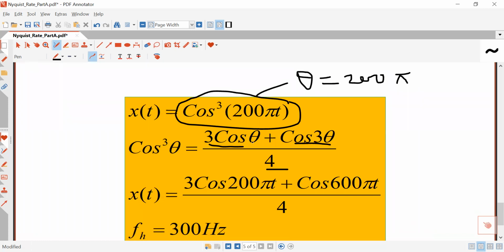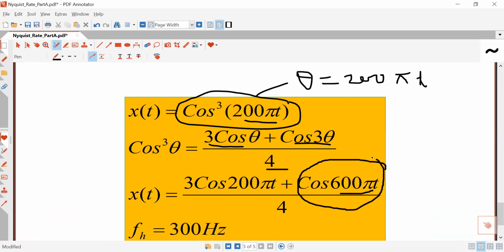So 3 cos theta, here theta is 200 pi t, so it will be 3 cos 200 pi t, plus cos 3 theta, 3 times of this, 600 pi t.